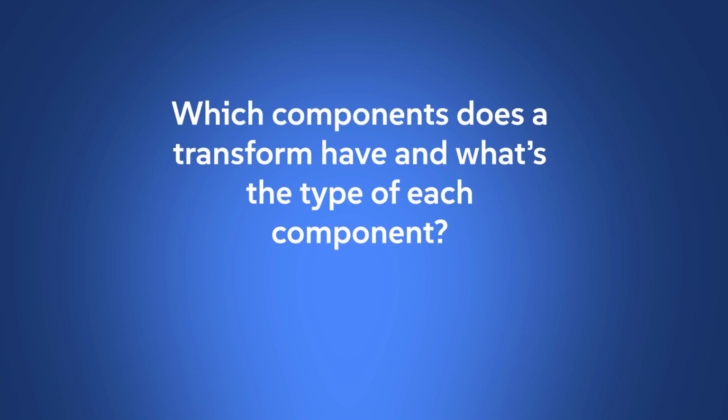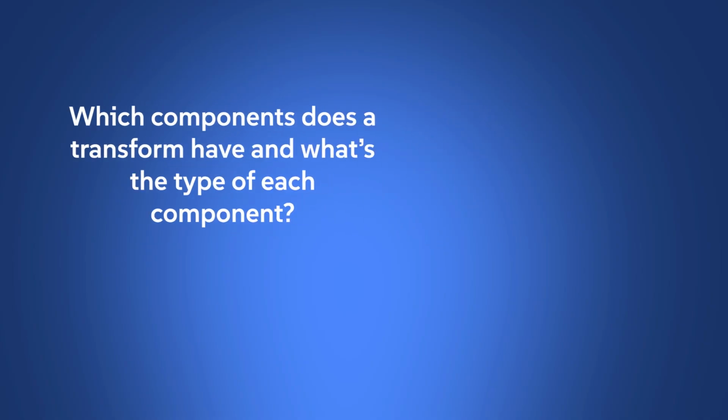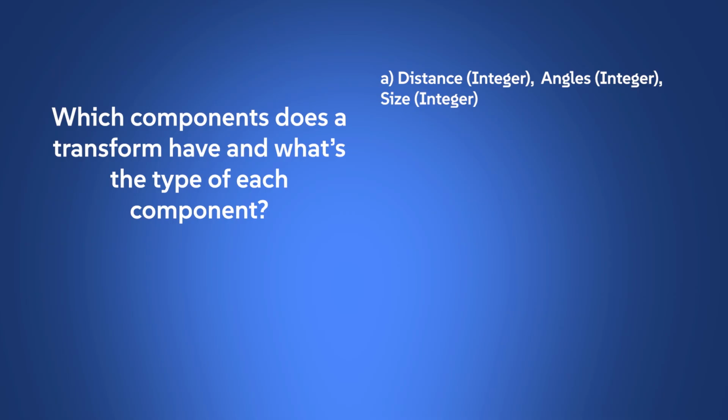The second question is: which component does a transform have and what's the type of each component? Letter A, distance, integer. Angles, integer. Size, integer. Letter B, place, vector. Direction, rotator. Extent, vector.